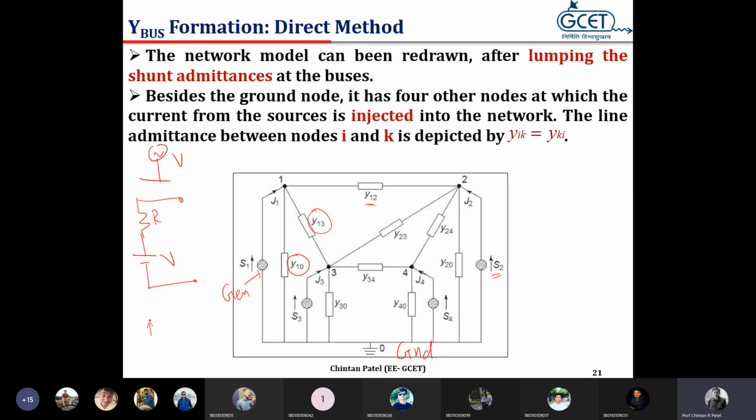We have to put the current source, and let's say terminal 1 and 2. This is terminal 1 and 2. Then here we have to put the impedance or resistance in shunt. Okay, so this is converted from voltage source to current source.